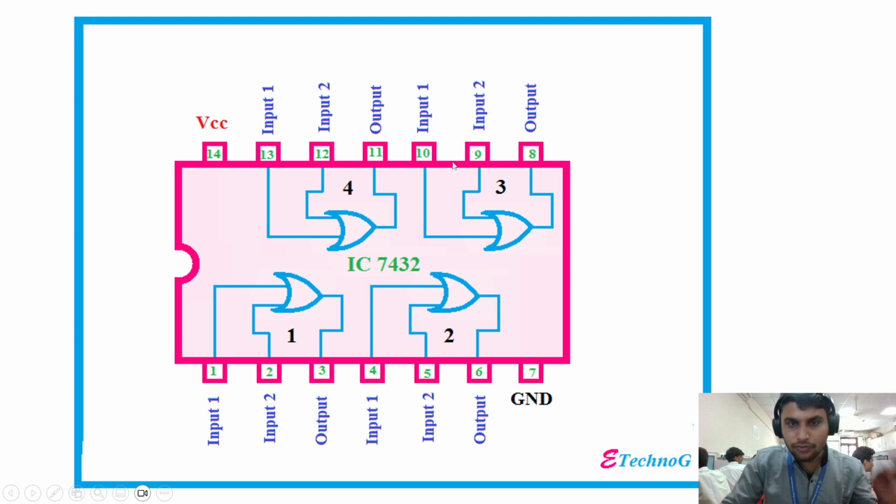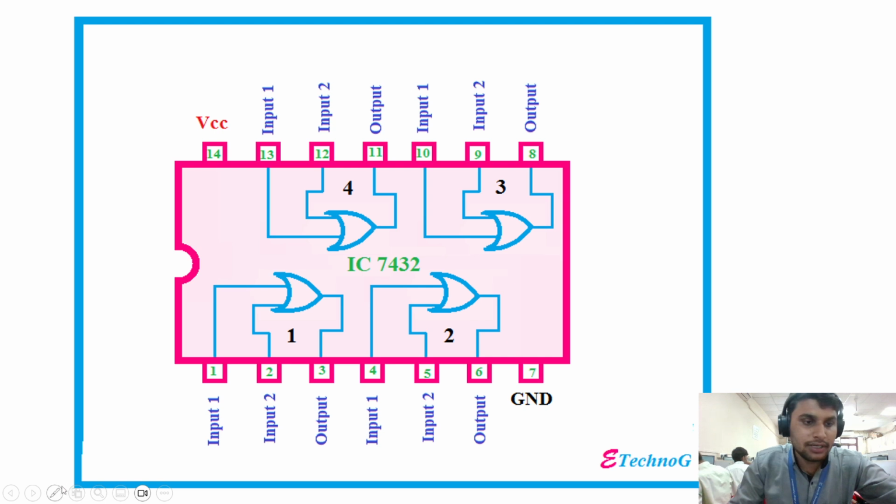So IC number 7432 has four OR gates. Gate number one has the first input at pin number one and the second input at pin number two. We know that an OR gate has two inputs and one output. The output of the first gate is pin number three.